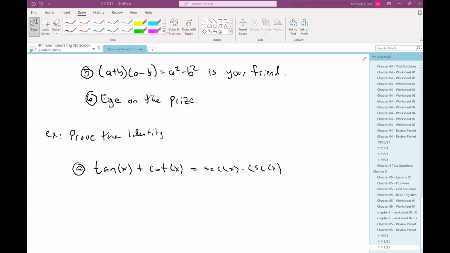Okay, first thing we'd want to do is decide which side we want to work on. Again, this is not a wrong answer situation, but oftentimes there's an easier side than the other. So my advice is to work on the more complicated side. Which side is the more complicated side? The addition side or the multiplication side?